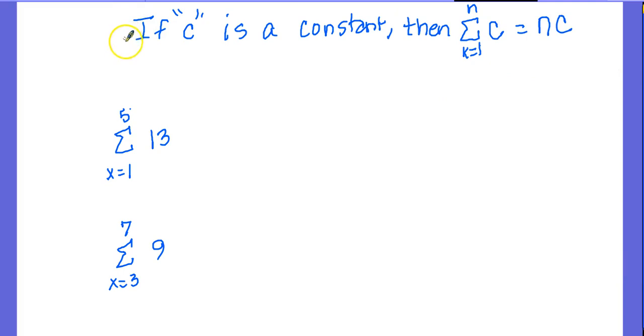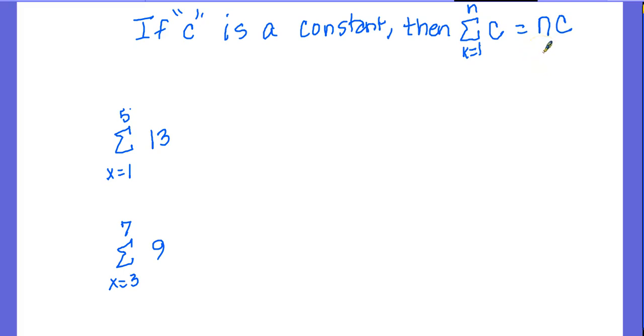It says this: if C is a constant, then the summation of K equals 1 to N for the argument C is equal to N times C, which probably doesn't make a lot of sense in its abstract definition.